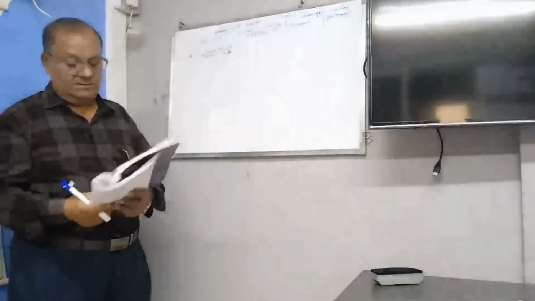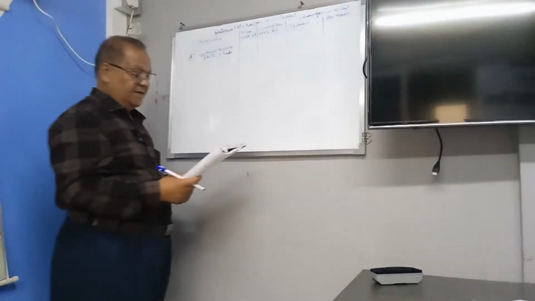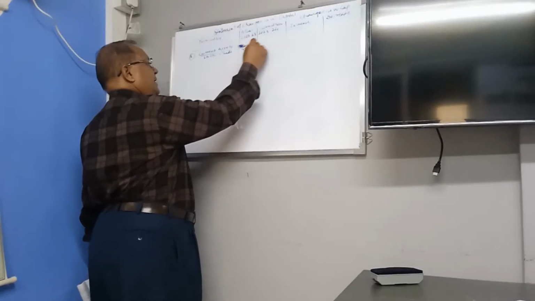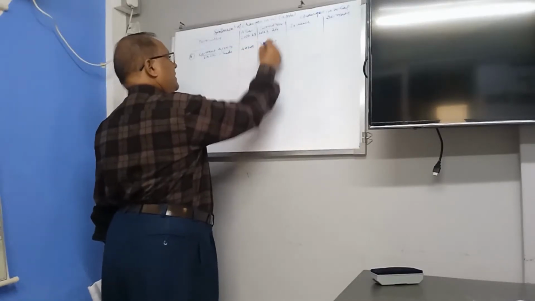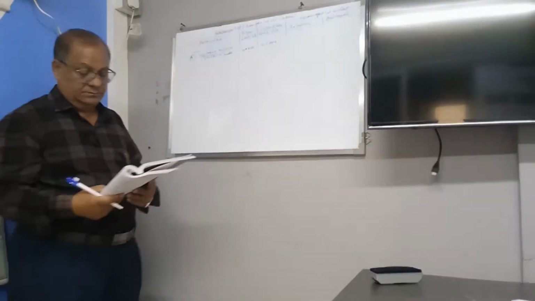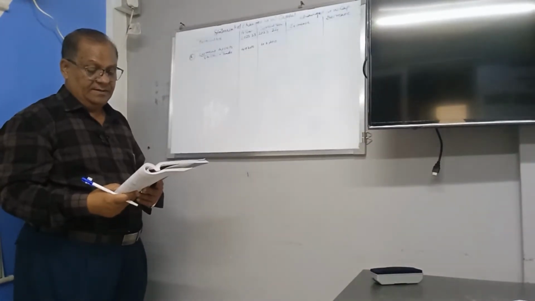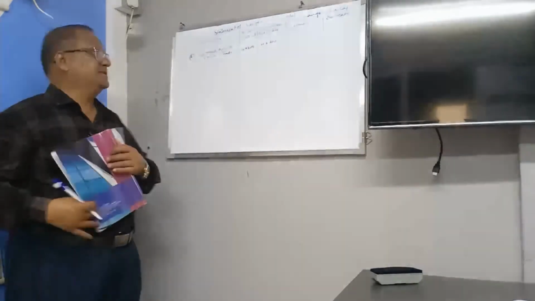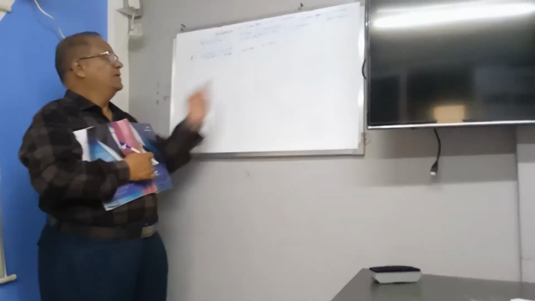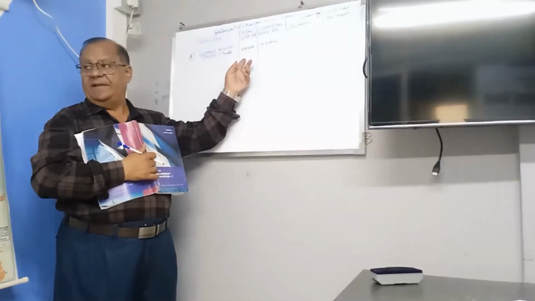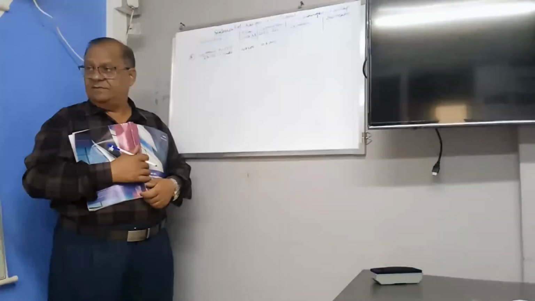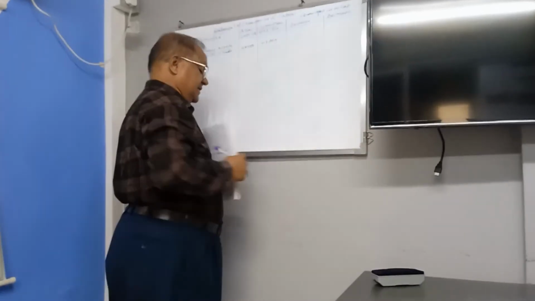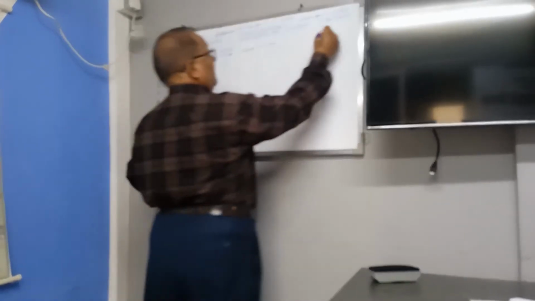Stock in trade means closing stock. 49,200 and 42,700. So here you will get a decrease. Compared to the previous year, always compare. So there is a decrease of 6,500.